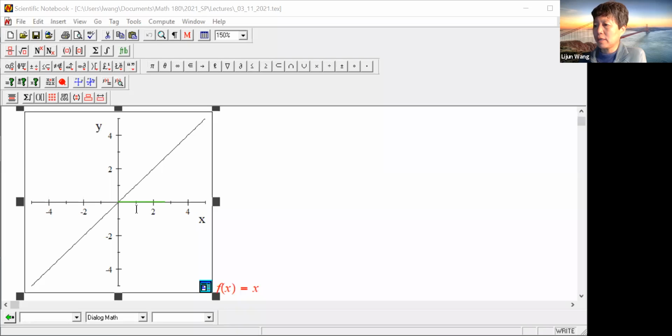It would be on the other side, right? Because they are opposite. So let me try to draw that. They should be of the same length, and that's negative x.